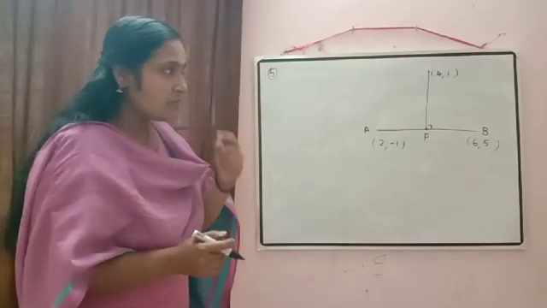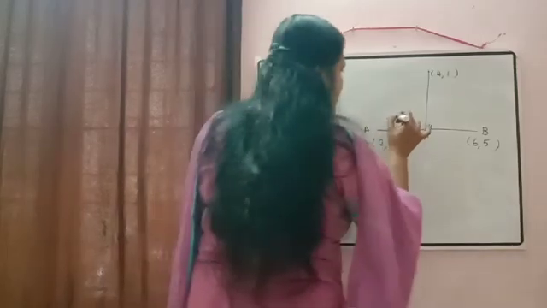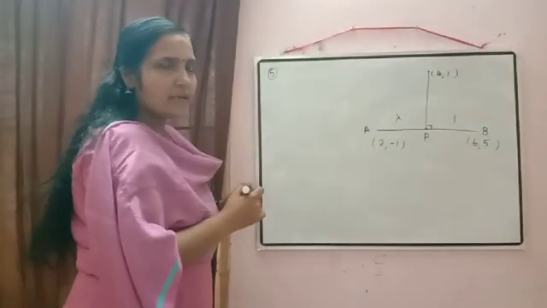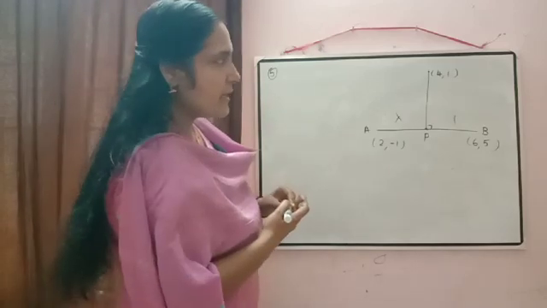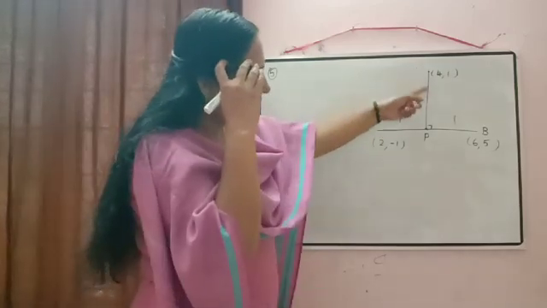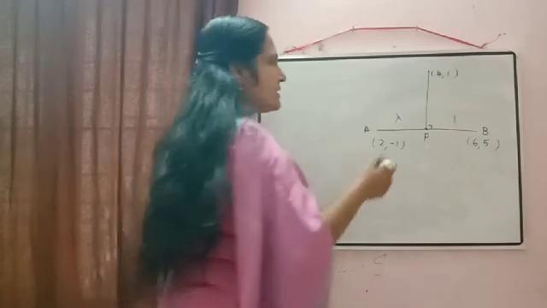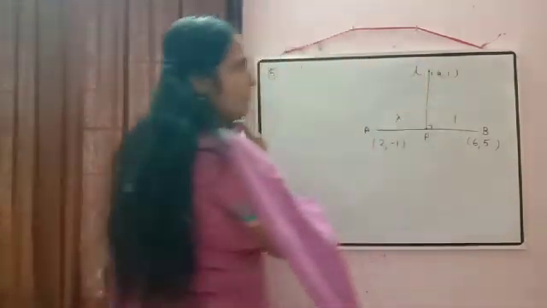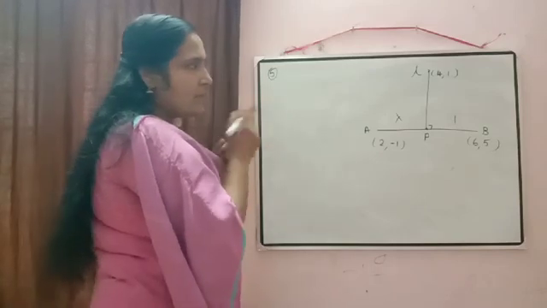So first what we can do, we can take, let the ratio be lambda is to 1. So we can calculate the ratio from that. For that, first we can find the equation of this line L. Suppose this is the line L there. So L passes through the point 4 comma 1. Point is given.